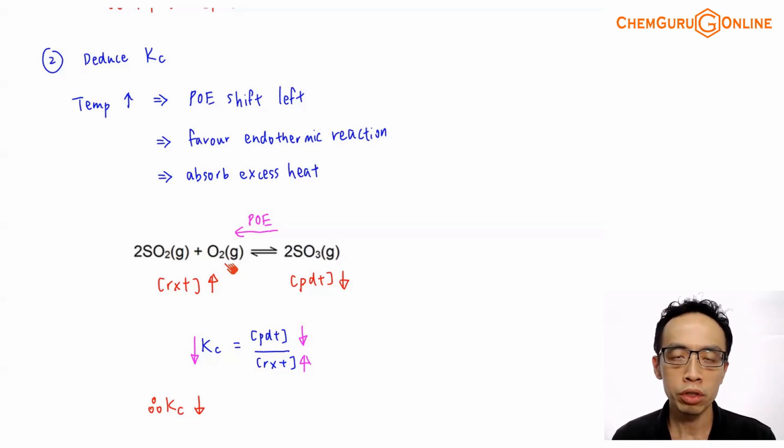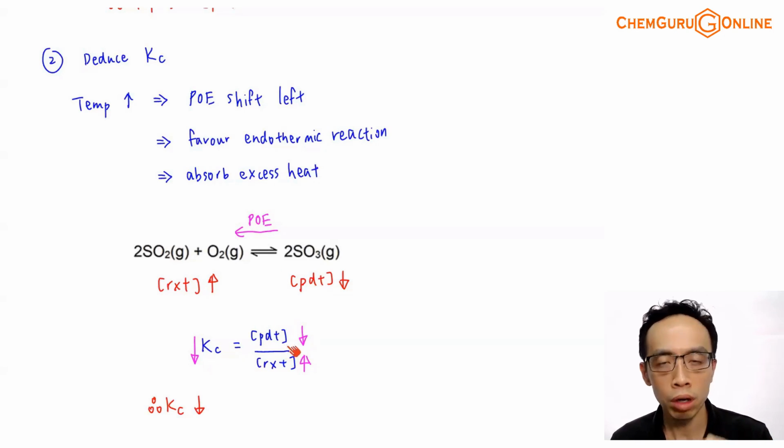When we are considering shifts in position of equilibrium, there's no need to make it very mathematical. I just need to express it this way: my Kc, very loosely, is just a ratio of product to reactant concentration.